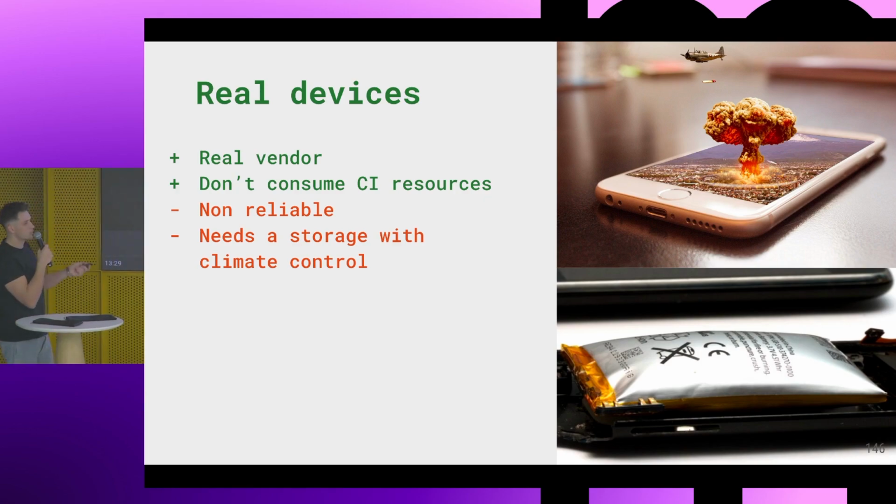And their disk, memory, GPU are not as reusable as your host machines, right? So they will go out of service very fast. And you will need to maintain a farm of these devices.